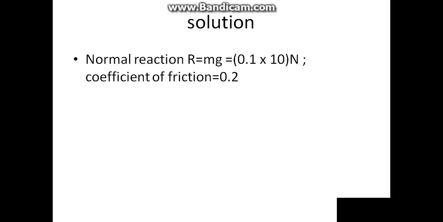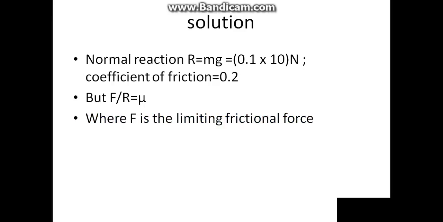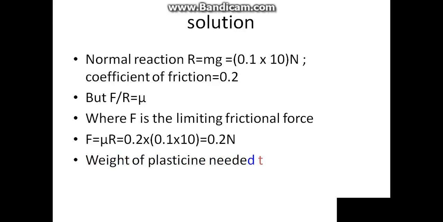Coefficient of friction is equal to 0.2, but limiting frictional force over normal reaction R is equal to coefficient of friction mu, where F is the limiting frictional force. Making F the subject of the formula, F is equal to mu R, which is equal to 0.2 times, in bracket, 0.1 times 10, close bracket, which gives us 0.2 Newton. The weight of the plasticine needed to compensate friction is therefore 0.2 Newton.